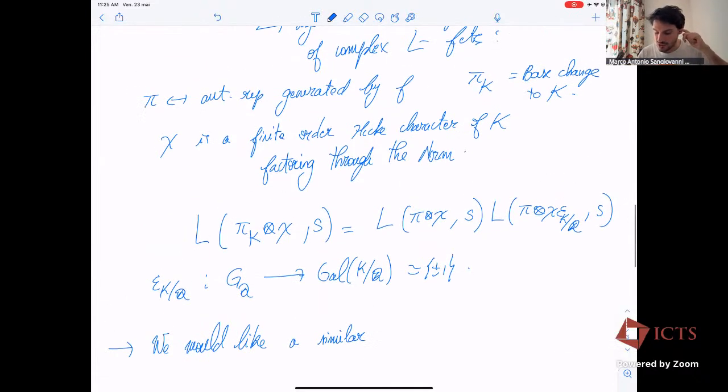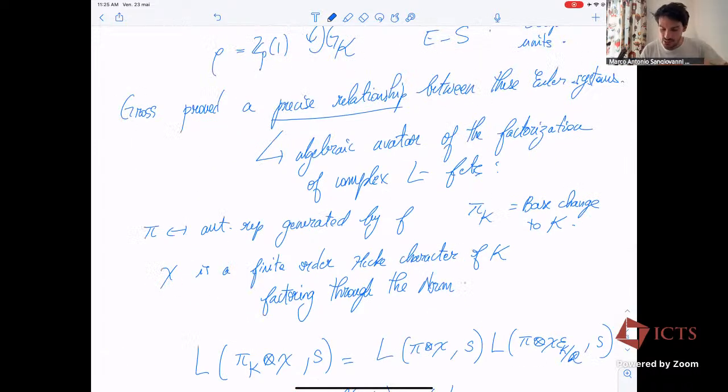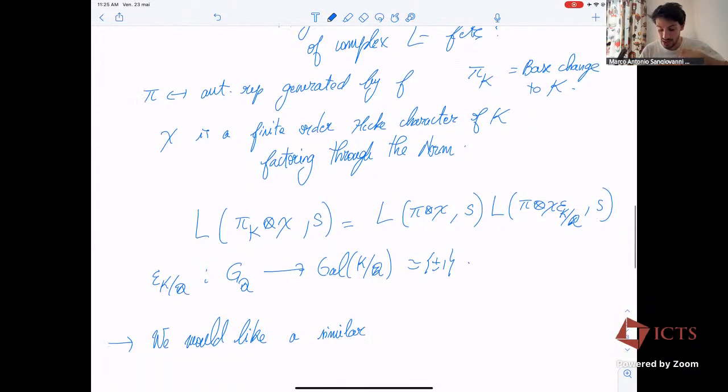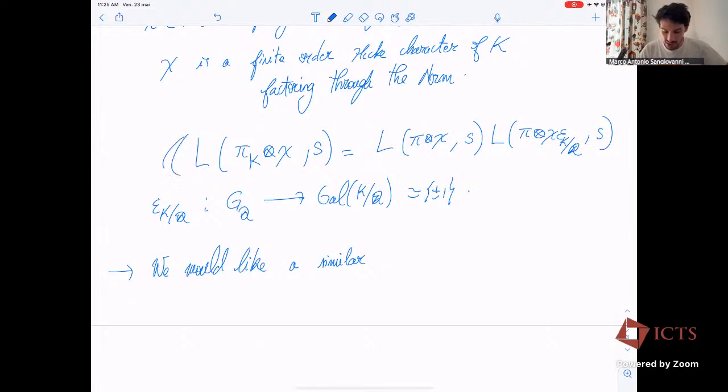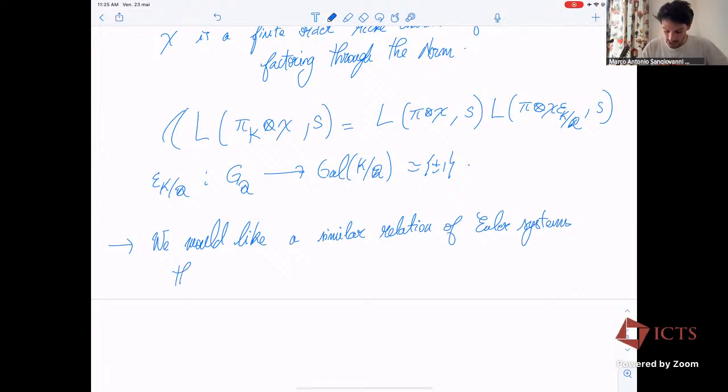Here I stated the factorization in the case where pi was the one generated by f, so in the GL2 picture, but obviously in the Z_p(1) case, this is just the factorization of the Dedekind zeta function.